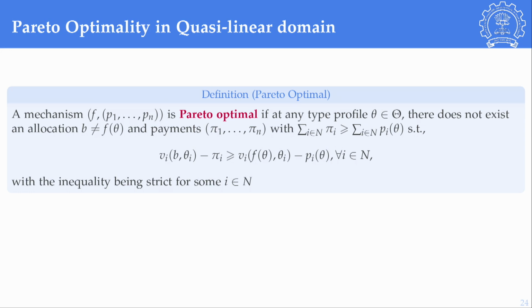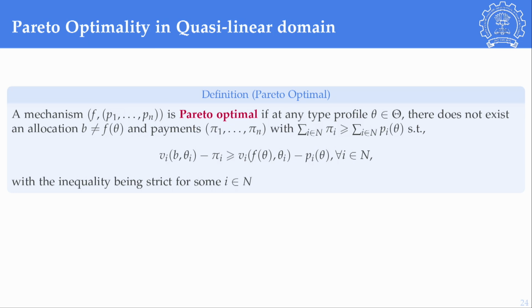So, remember that this pi i, we have only said this pi i's and p i's belong to the set of real numbers, not necessarily non-negative real numbers. It can be positive, it can be negative. Positive pi i means that you are charging the agent, you are asking the agents to pay. Negative means you are paying the agents.